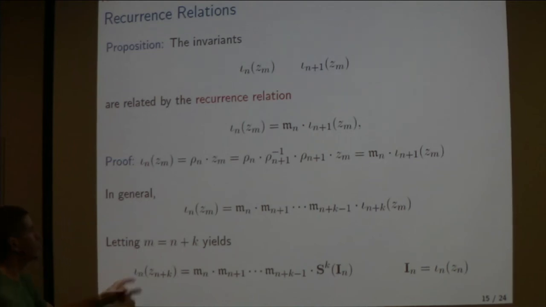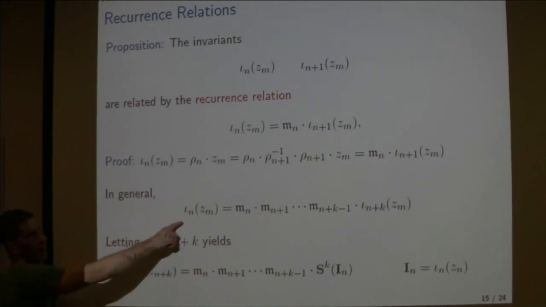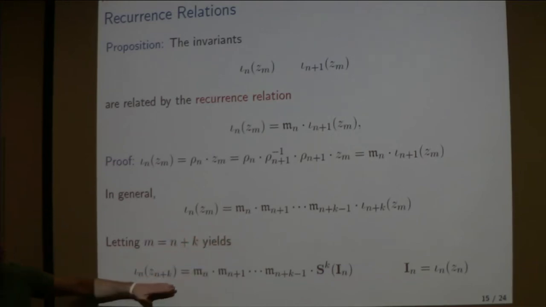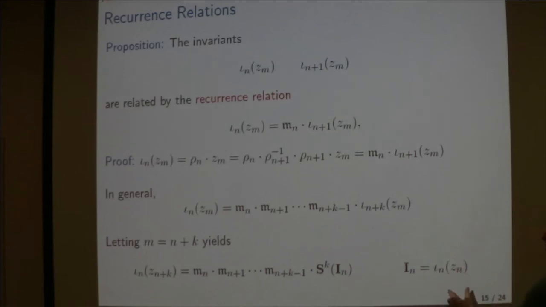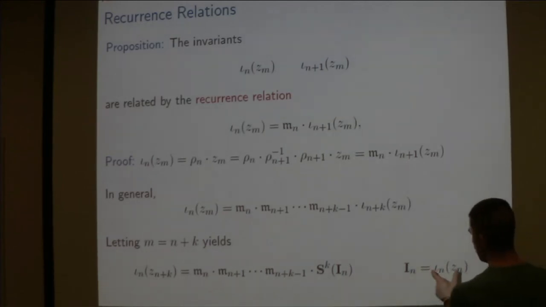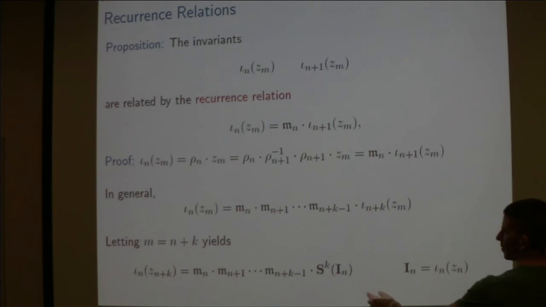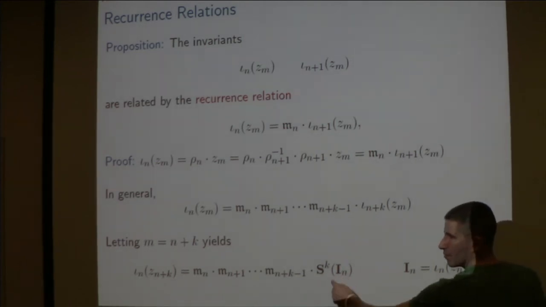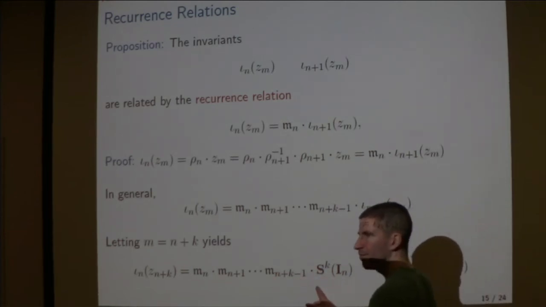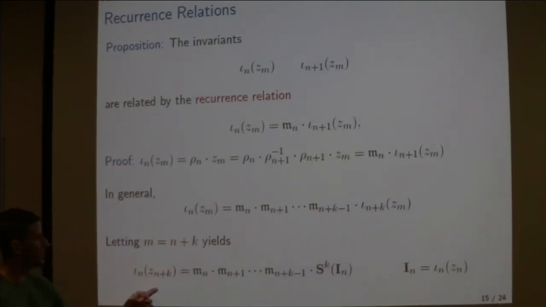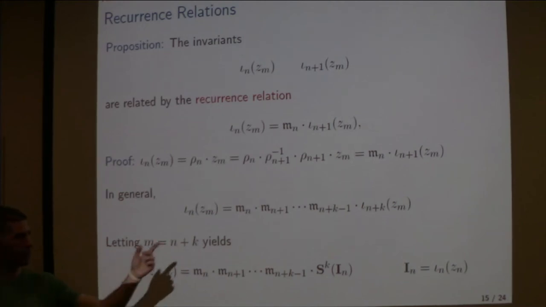What is key is that if you replace m by n plus k in the last formula, we obtain this formula: the invariantization of Zn plus k can always be related to the invariantization of Zn. So if you know the invariantization of Zn, you can start shifting it with your operator, act on it by these Maurer-Cartan invariants, and express any invariant using the order 0 invariants and the Maurer-Cartan invariants.